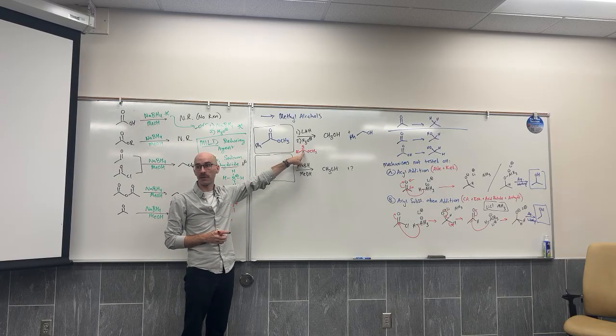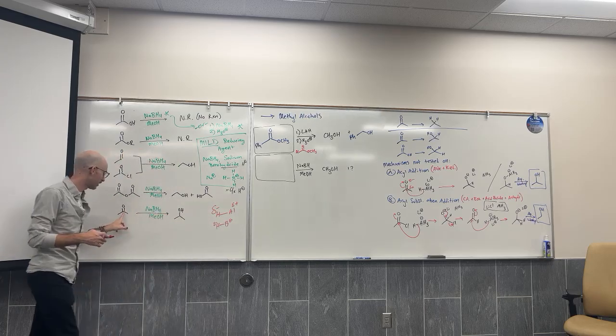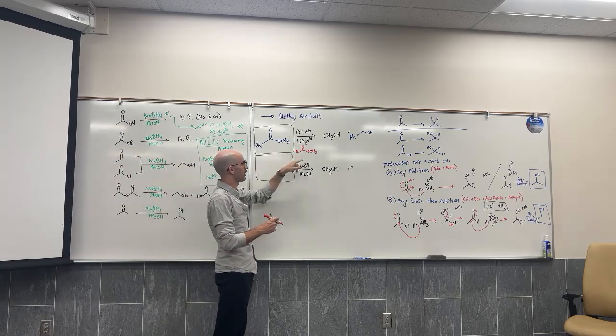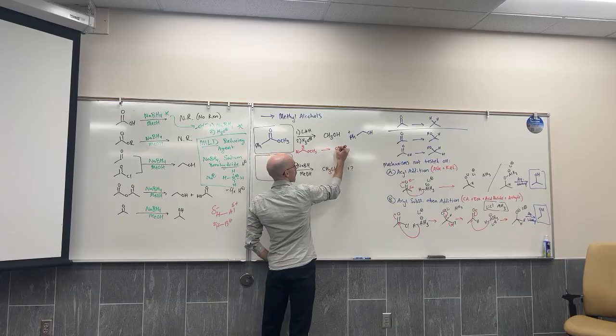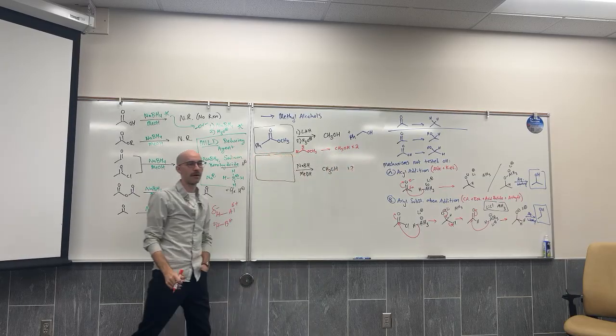So that this carbon, the carbonyl carbon, becomes a methyl alcohol. Not a primary alcohol, because it's not a primary carbon. Not a secondary alcohol, because it's not a secondary carbon, but a methyl alcohol, because it's a methyl carbon. This would actually make 2 equivalences of that methanol.